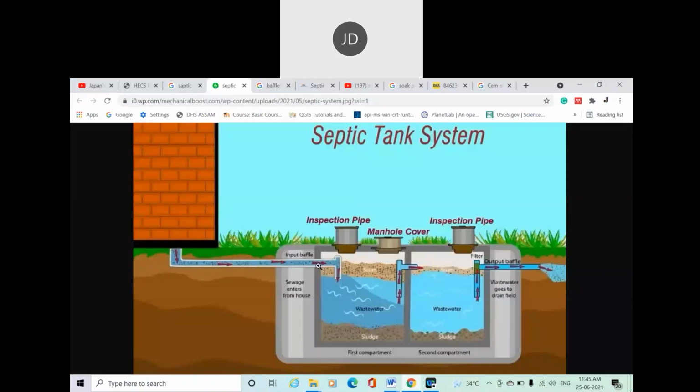So here you can see this is a small T type of pipe. This is also a T type of pipe. Let me check whether some elbows are used or not.